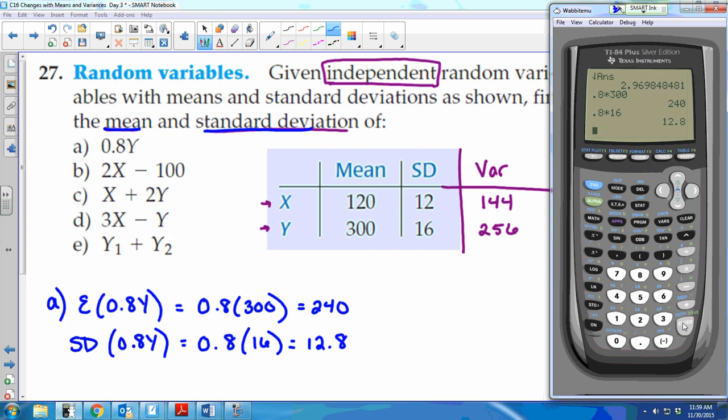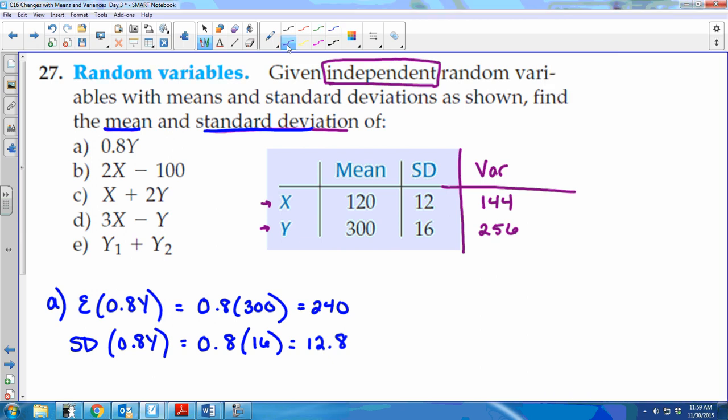If they had given you the variance, and they didn't give you the standard deviation at all, then you would have had to do 0.8 squared times the variance. But they gave us a standard deviation, so we're good. We'll have to do some of that stuff later. Okay, but for this example, we're good. Questions on A? We're just multiplying, so we can do those things.